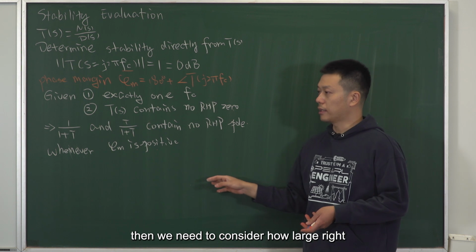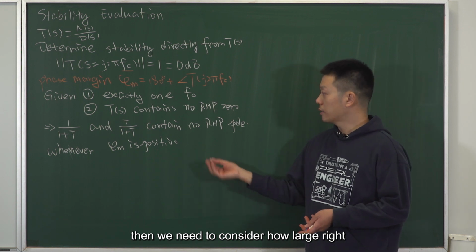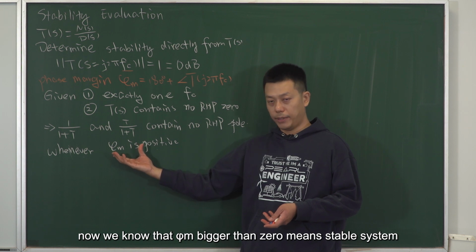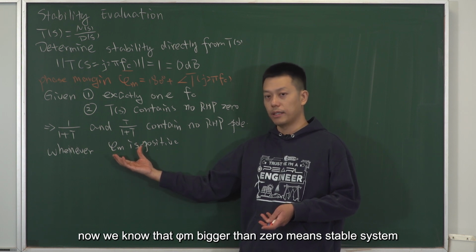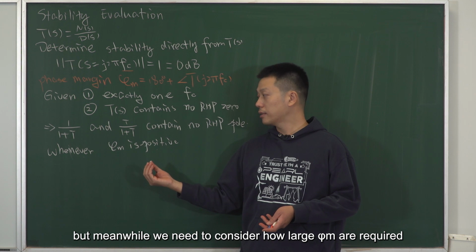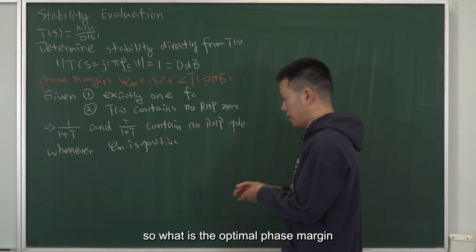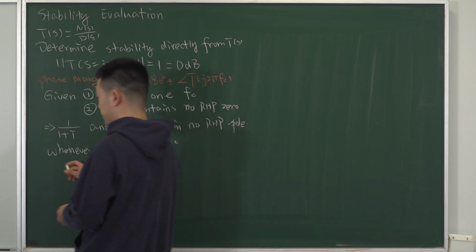Then we need to consider how large, right? Now we know that phi m bigger than 0 means a stable system. But meanwhile, we need to consider how large phi m is required. So what is the optimal phase margin?